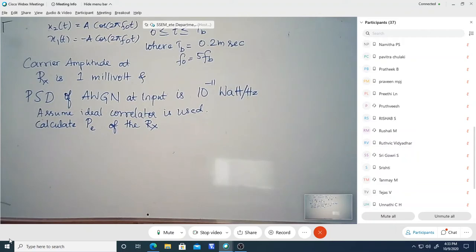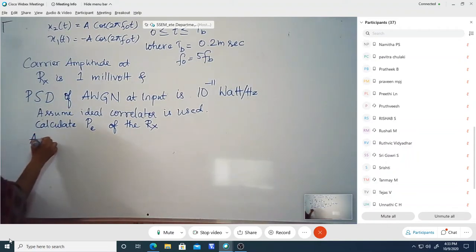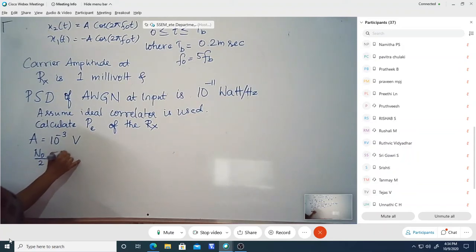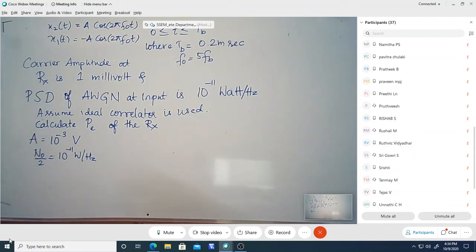Now let us see how to solve this problem. Let us first write what we know. We know the amplitude A, which is equal to 1 millivolt, which is 10 raised to minus 3 volts. N naught by 2 is the noise spectral density or noise power, 10 raised to minus 11 watts per hertz.